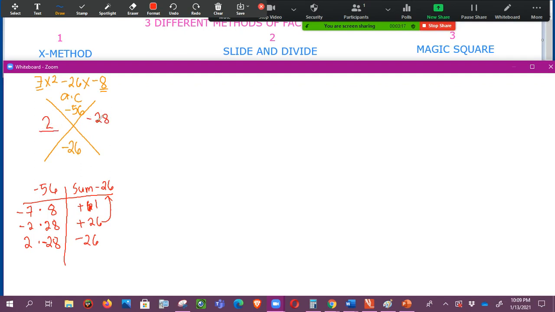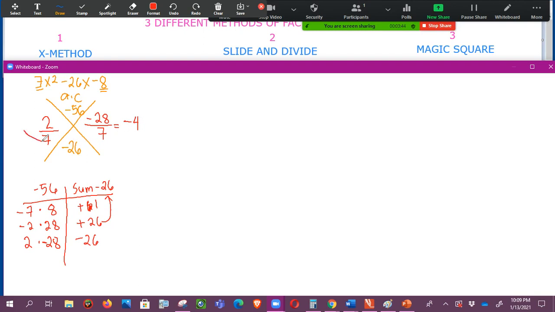Now, we need to divide by whatever your A value is, that is 7. So divide both sides by 7. Since you cannot divide 2 by 7, leave it as 2 over 7. On the other side, since we can divide negative 28 by 7, this will become negative 4. So these are our factors.